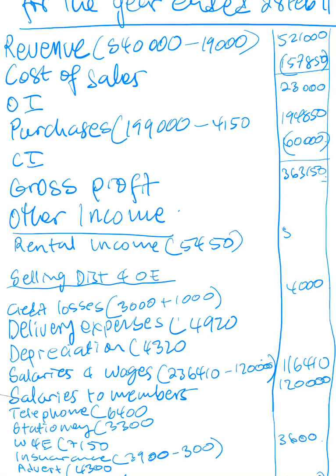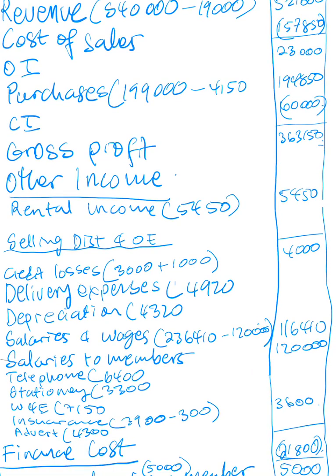We close 5,450. This will give us a total of, let's not rather put a total. Then selling, distribution and other expenses, you close off everything, so that will be 4.3, 7,150, 3.3, 6.4, what else, 4,320 and 4,920.